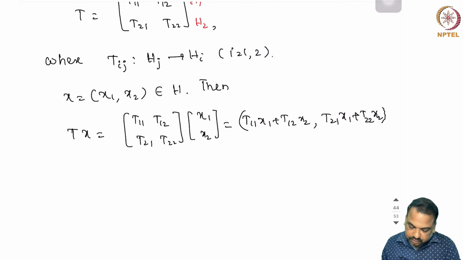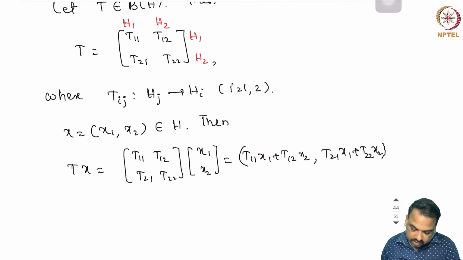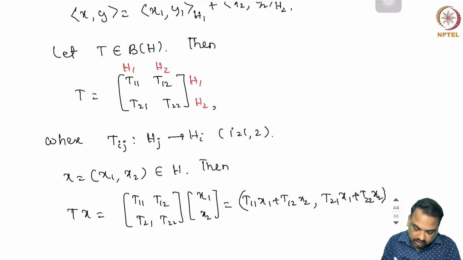Here when I say Tij, it's a map from Hj to Hi. For example, T11 is a map from H1 to H1, and T22 is a map from H2 to H2. So T11 has this domain and this codomain.